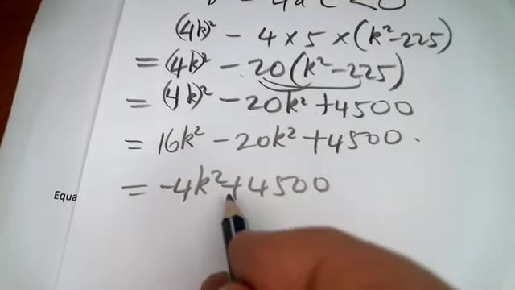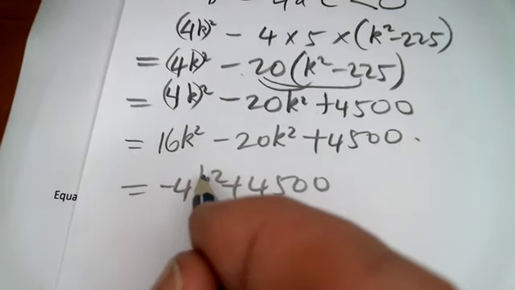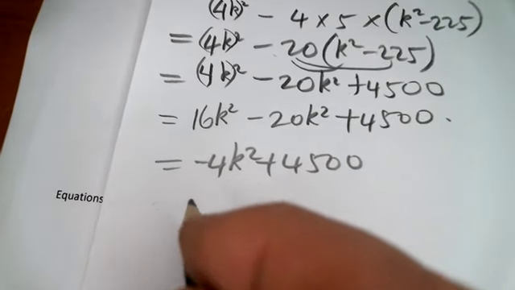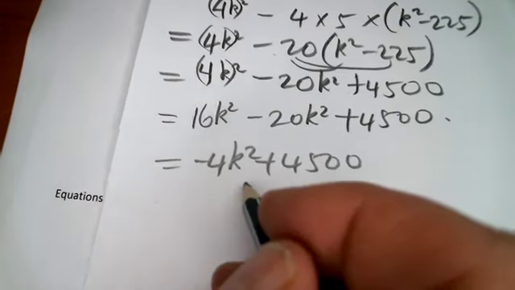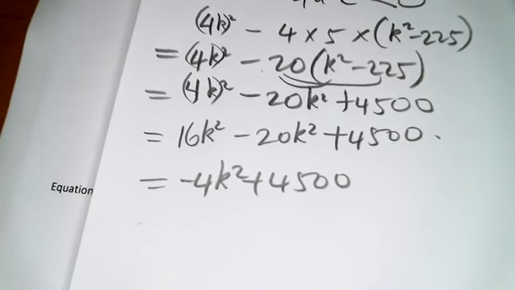Notice there's no k to the 1, it just goes straight from a k squared to a k to the 0, if you like. So I'm going to take that into the calculator, and I'm just going to reveal straight away what that would be. Let's have a go at doing that. Menu. Here we go.